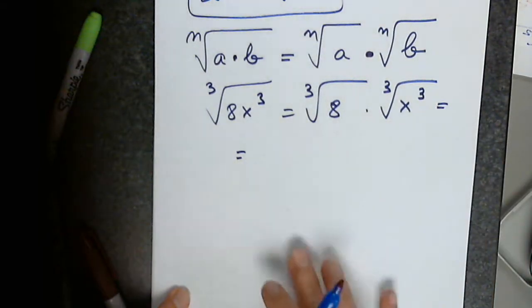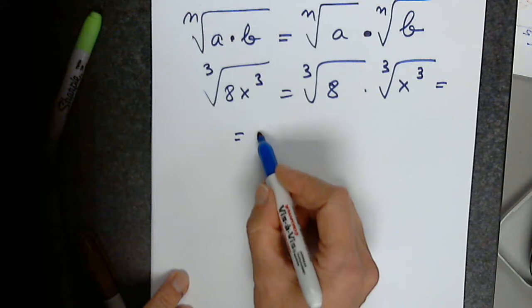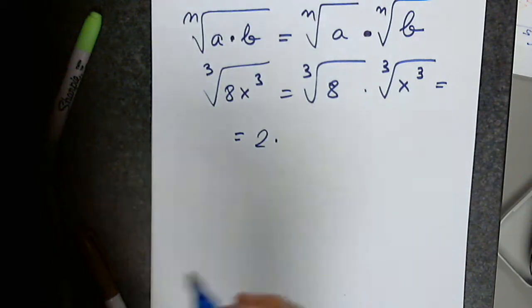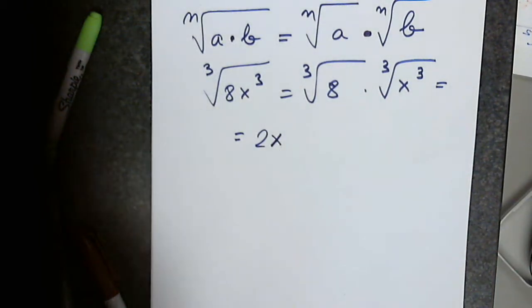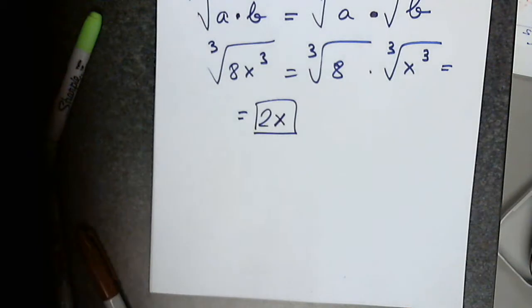I do know what the cube root of 8 is, and that is 2. I do know how to simplify the cube root of x cubed, and that is x. It's x to power 3 over 3, which is 1. So the simplified form is 2x. Excellent. Thank you.